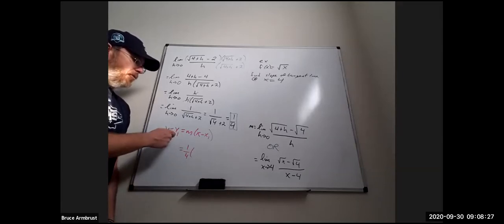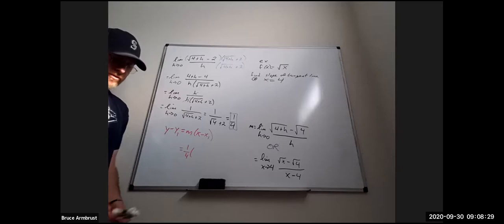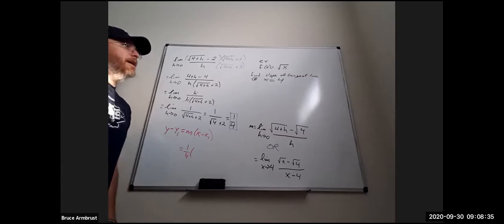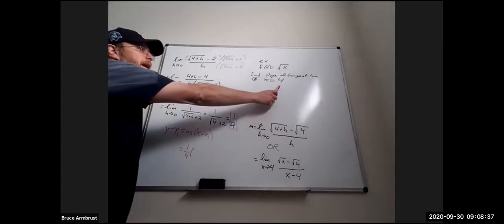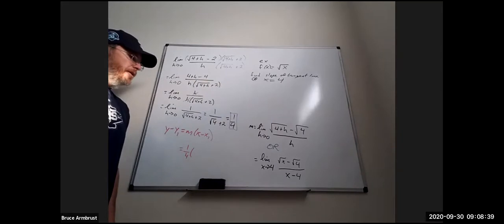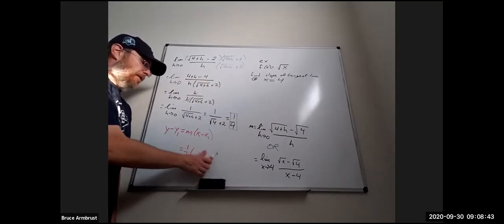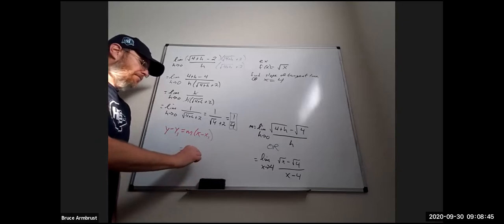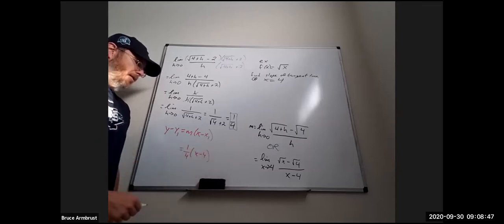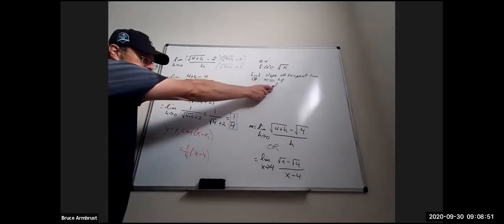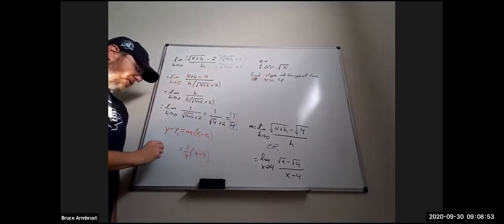And then for the y1 and the x1, we need to have a point on our line. The point on our line is going to be the point at the x that we were asked for. So that x is 4. Let me go ahead and put that in there. So we're going to have x minus 4. And then we get the y for that point by plugging in the 4. Well, the square root of 4 is 2.